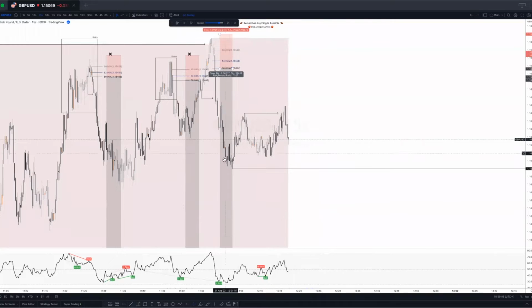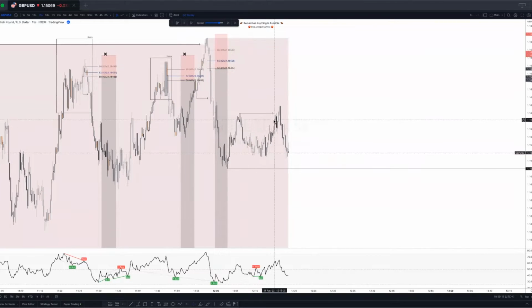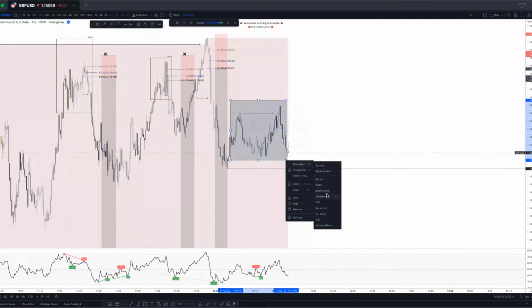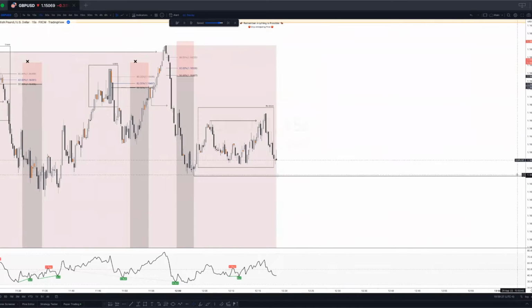So confirmed accumulation, confirmed reaccumulation. We're going higher to tap us in, see what happens. And it just violated that. So for me, this low is a redistro with that low taken.